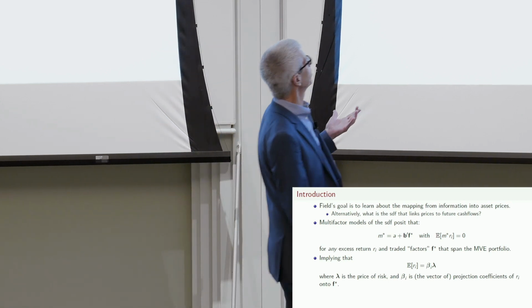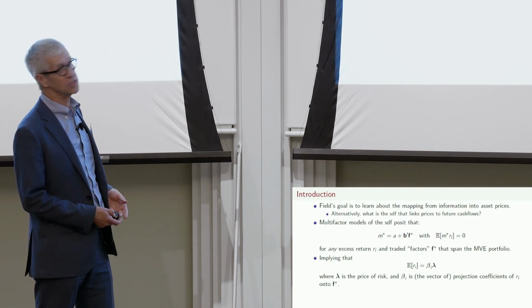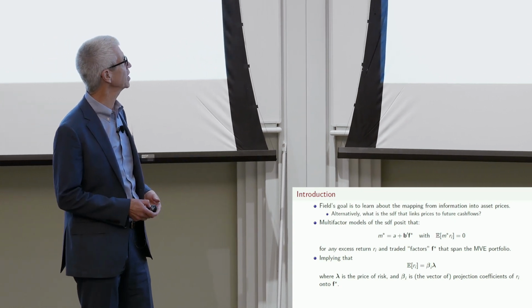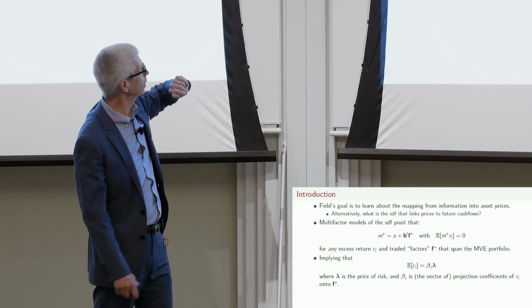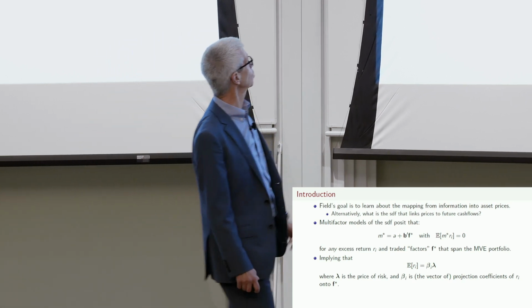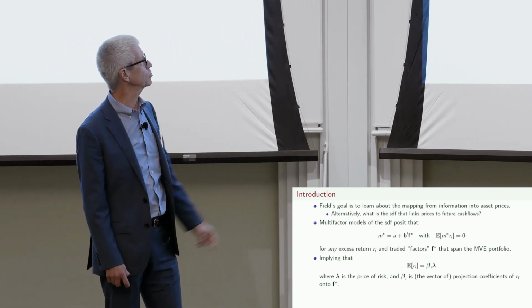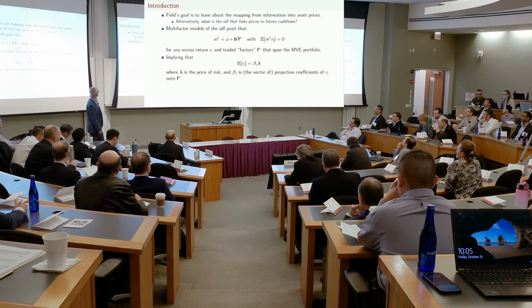So multi-factor models posit that there's a pricing kernel, or a projection of the pricing kernel onto the asset return space, that explains all returns. The idea is that we can decompose this projected pricing kernel, this M star, into a set of traded factors that will span the MVE portfolio.